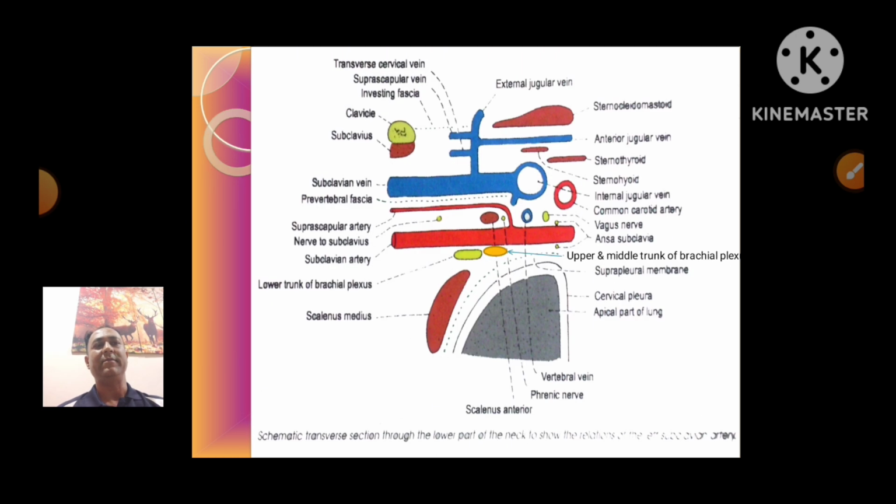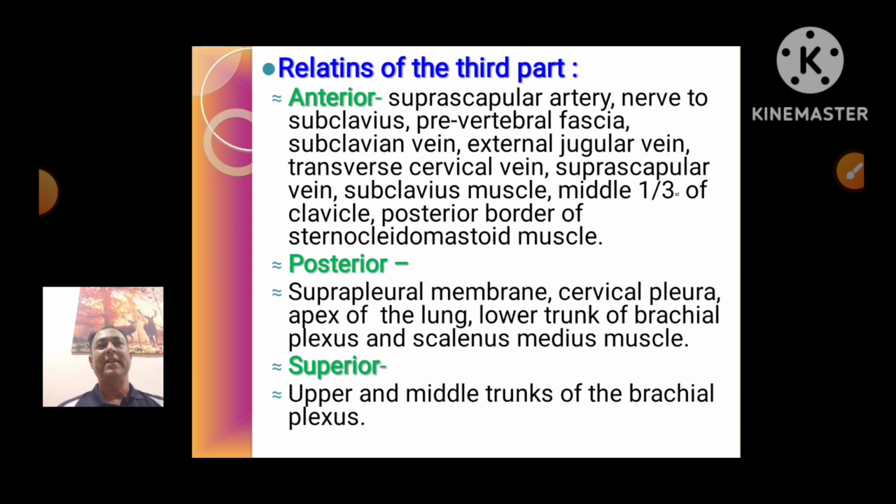Now the relations of the third part. So anteriorly many will come from the second part as well. Suprascapular artery, nerve to subclavius, prevertebral fascia, subclavian vein, external jugular vein, transverse cervical vein, suprascapular vein, subclavius muscle, middle one third of clavicle, posterior border of sternocleidomastoid.